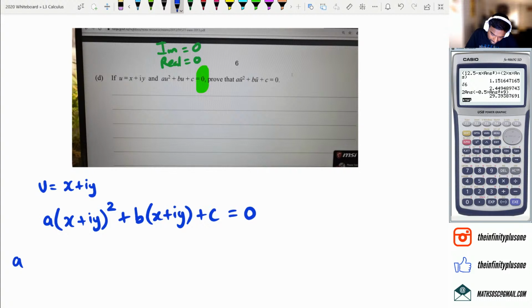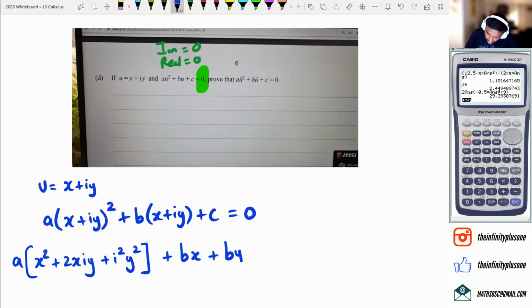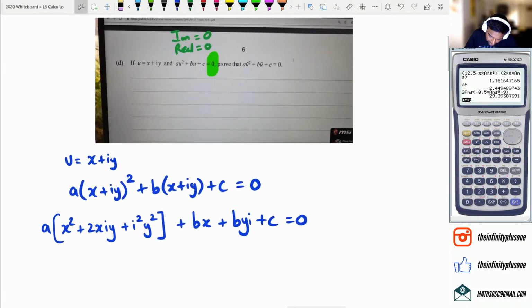So I'm going to expand the (x plus iy) squared, which is going to be x squared plus 2xiy plus i squared y squared, plus bx plus byi plus c equals 0.